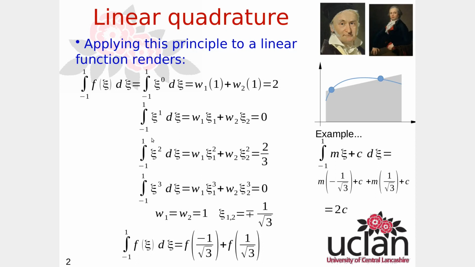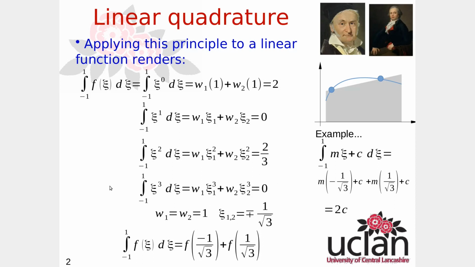So again, that always allows us to compute the even functions using Gauss's technique. And so we have W1 C1 raised to the power 2, W2 C2 raised to the power 2 must equal twice a third, which is 2/3.